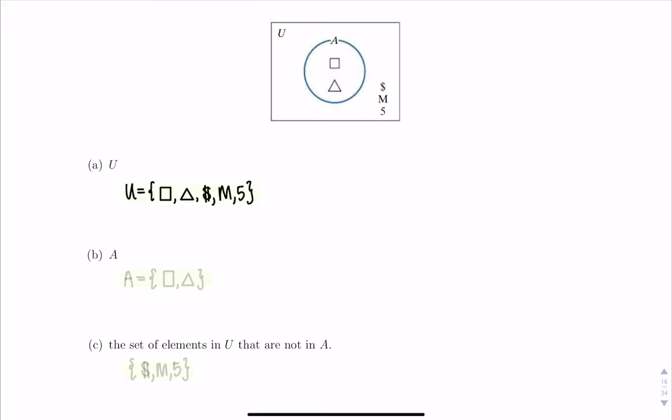What is in set A? Set A is whatever is inside that circle that's labeled A. And so we only have 2 elements in A. We have a square, and we have a triangle.